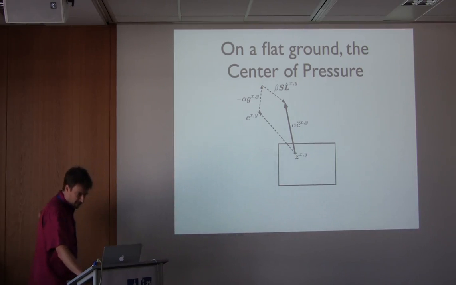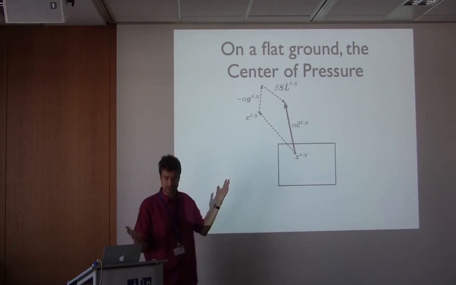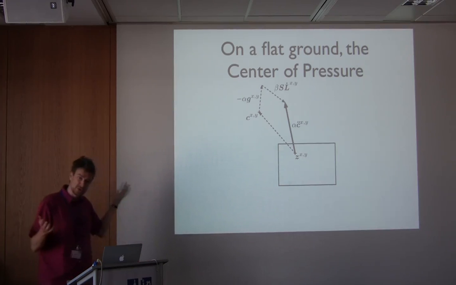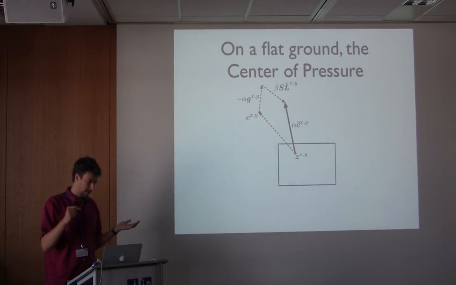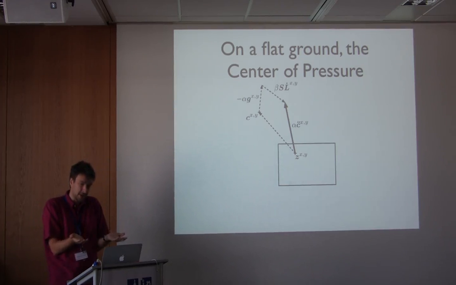So it can be a constraint. Here I haven't spoken about the constraints on the contact force. I just focused so far on the fact that it can only be directed upwards.